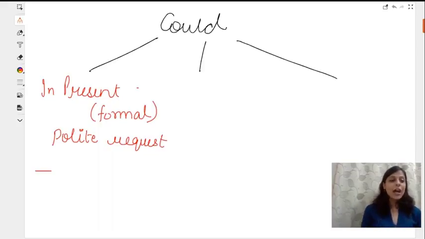So I use the modal could. For example, I have to say, could I have a cup of coffee? Could I have your book? Even sometimes could is used for the past tense or a past ability, but you can also use it in present tense. It fits the picture well, past and present.